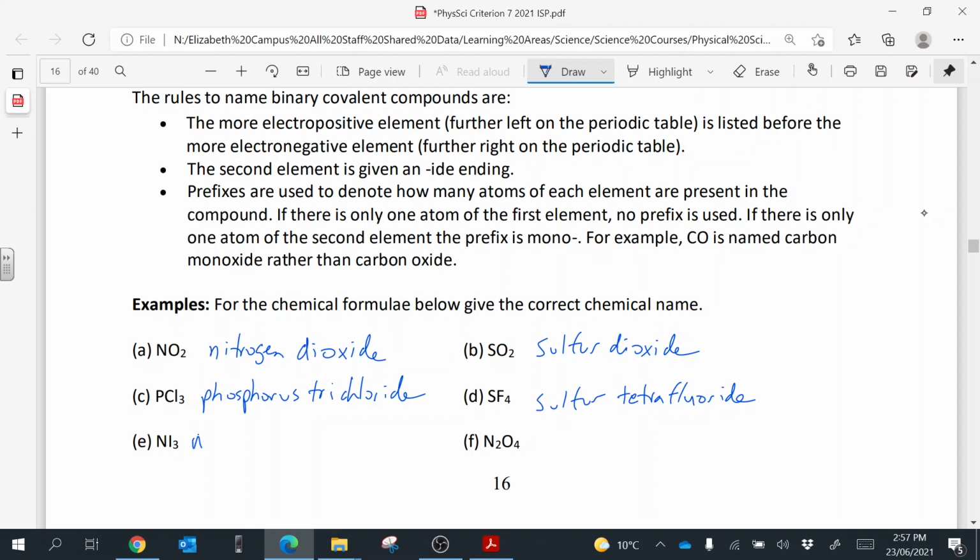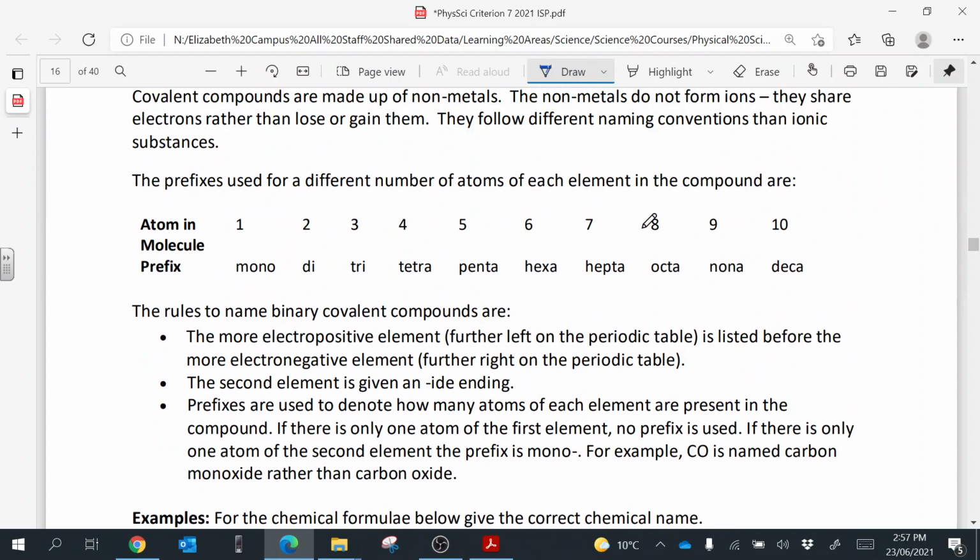Nitrogen again. It's our first. You do get familiar with them. And then this is tri. Iodide. Nitrogen triiodide. Okay, so this time we have 2 nitrogens there.